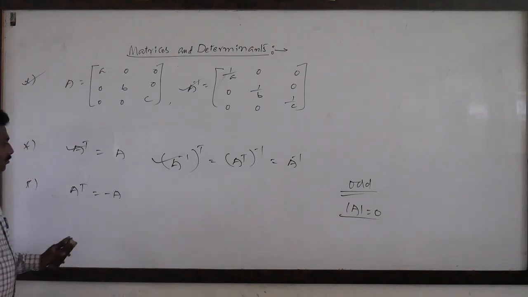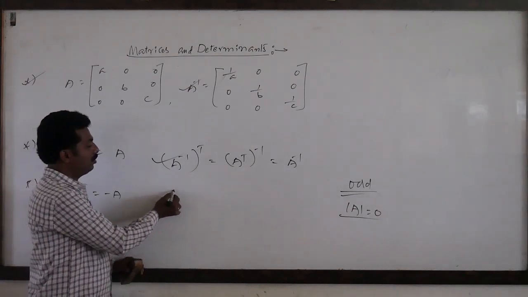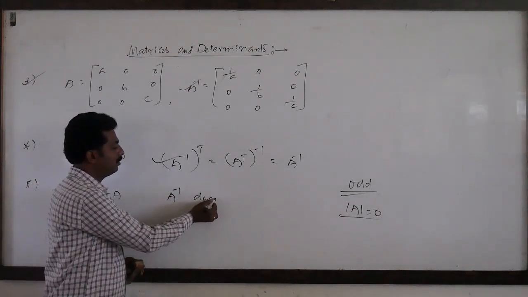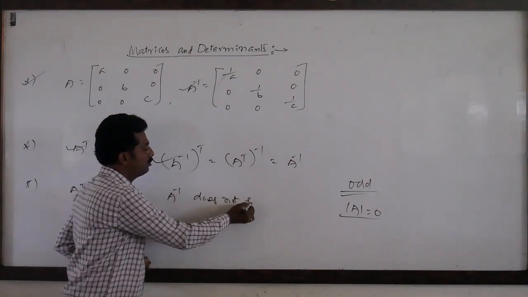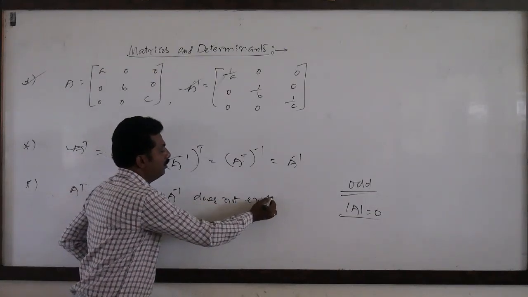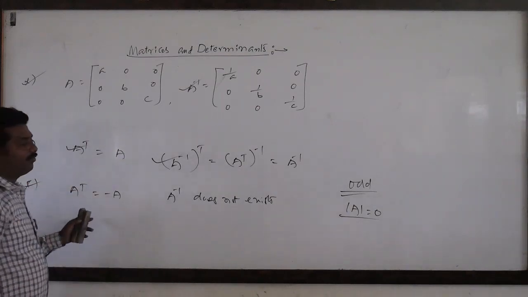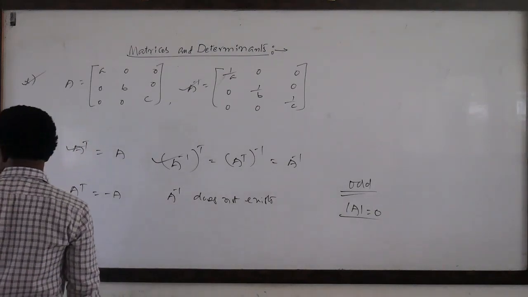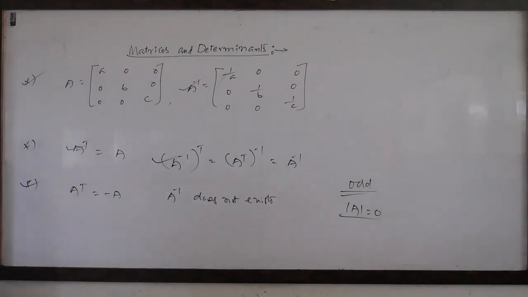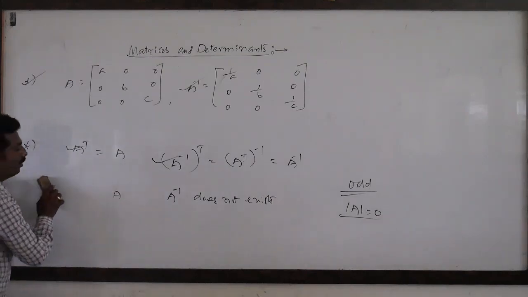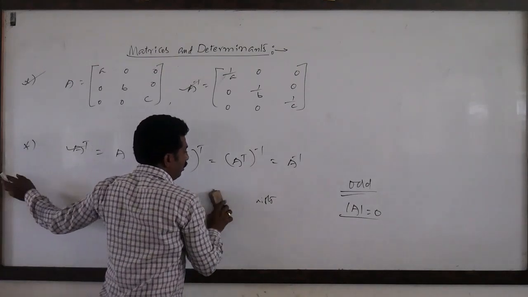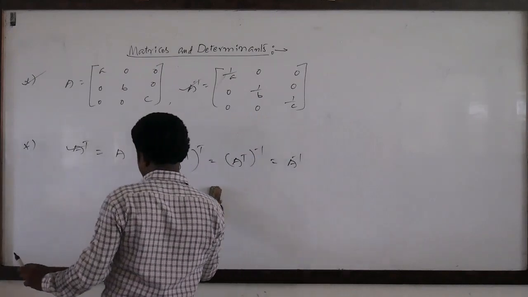So A inverse does not exist when A is a skew symmetric matrix of odd order. Then if A is triangular, A inverse is also a triangular matrix. So these are the properties of inverse of a square matrix.